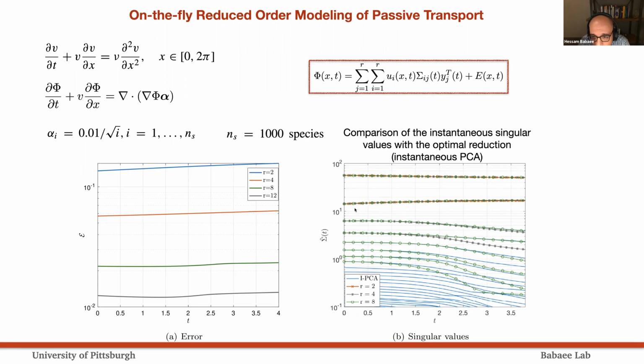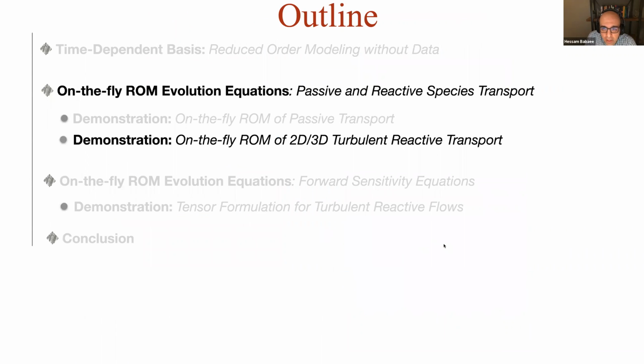And here we show that the instantaneous singular values obtained by this reduced order modeling capture the leading instantaneous singular values of PCA. So again, for IPCA, you would have to solve the full dimensional case to be able to generate that plot. We never solve the full dimensional case in the reduced form. In the reduced form, we just solve for the modes and their coefficients. And so this is just a simple problem.